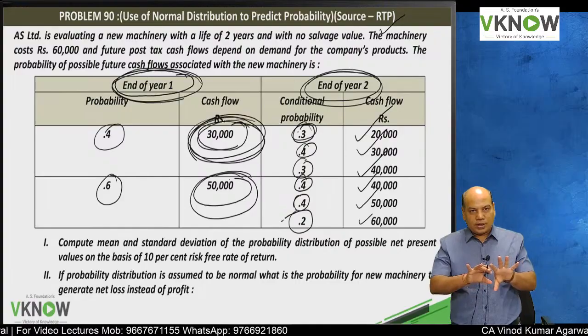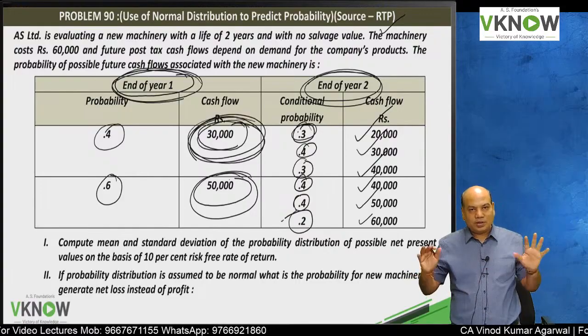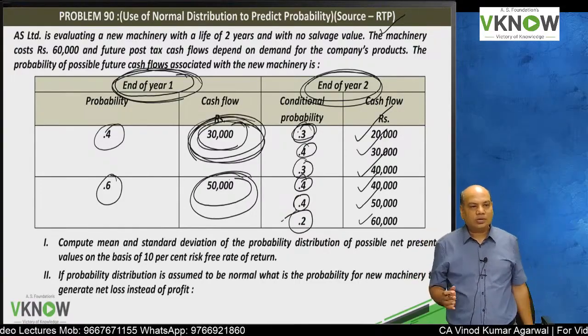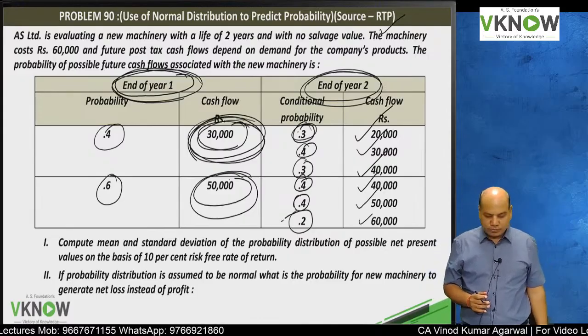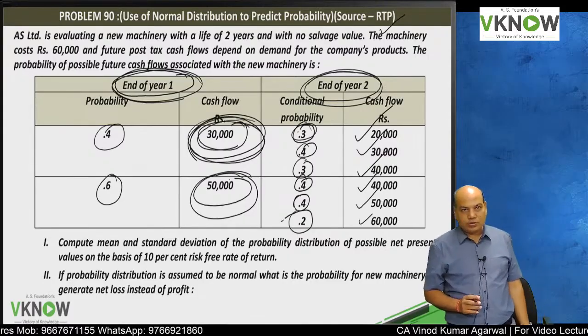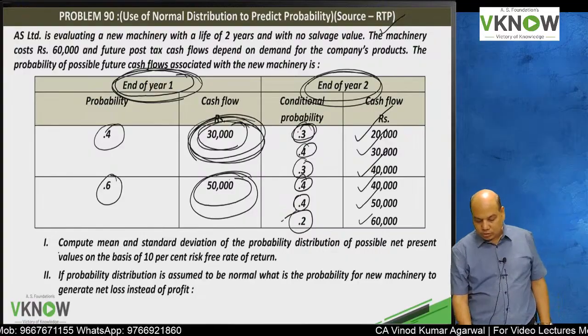Finding expected NPV we have already covered in your batch 3 times. First question is also same. What is the mean NPV?